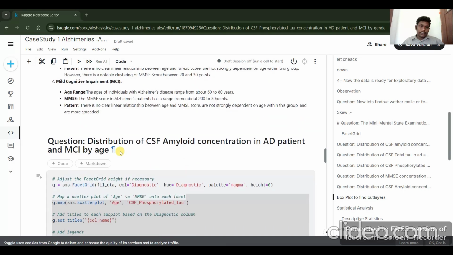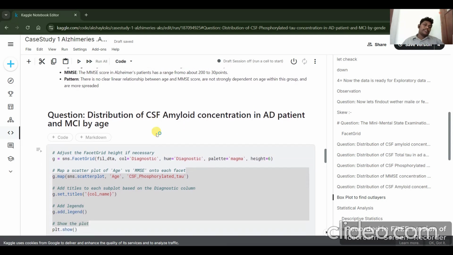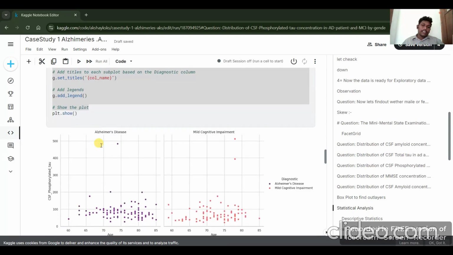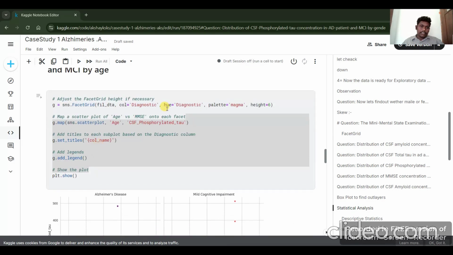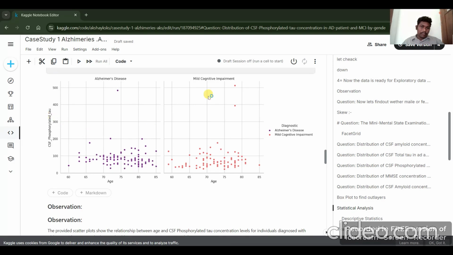Next question, distribution of CSF amyloid concentration in Alzheimer's disease patients by age. You can see the graph is Alzheimer's disease, MCI.